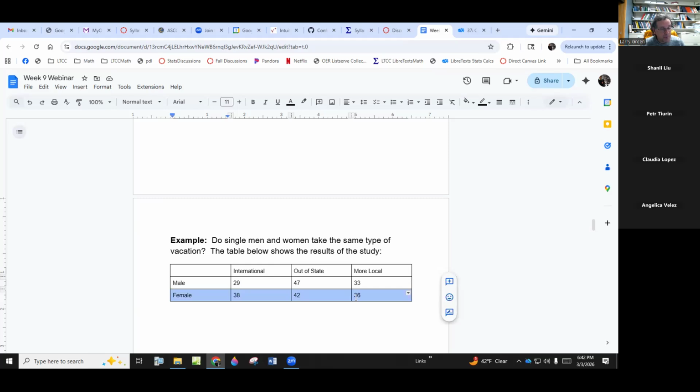the same. So is this goodness of fit? What do you think? Yes or no? Because we're comparing two different distributions. Is it goodness of fit? Yes or no? Okay. Why is it not goodness of fit?